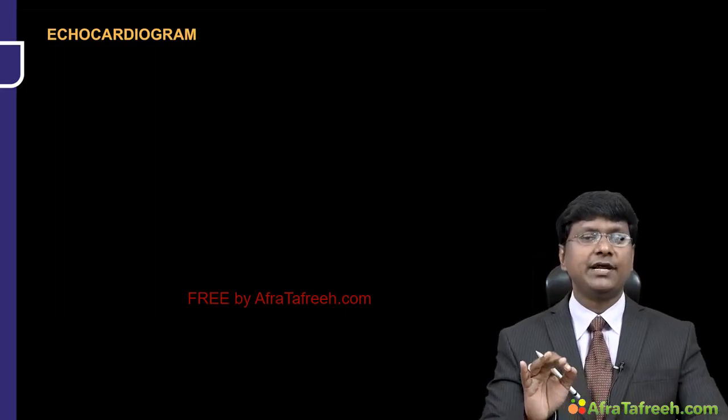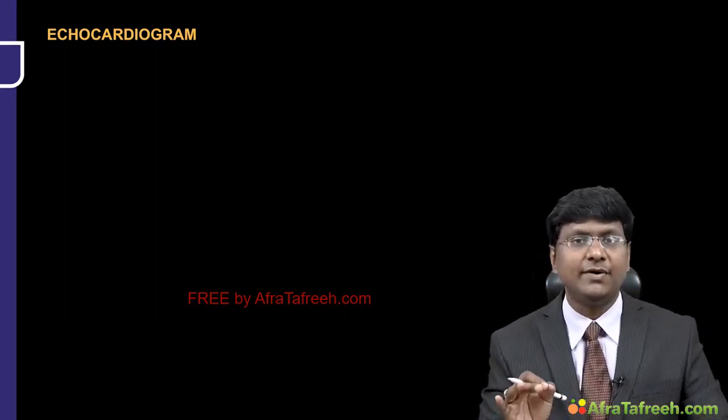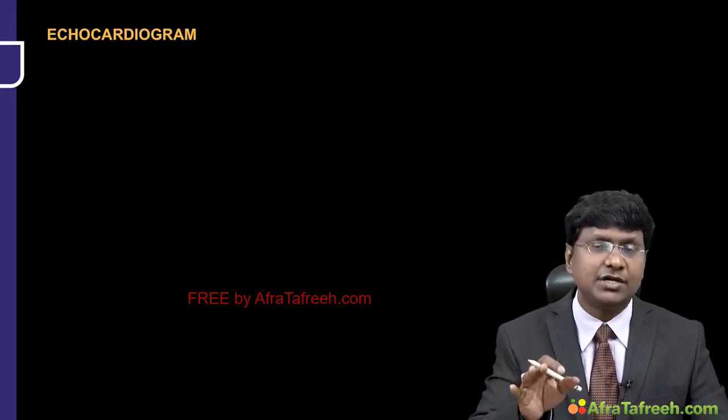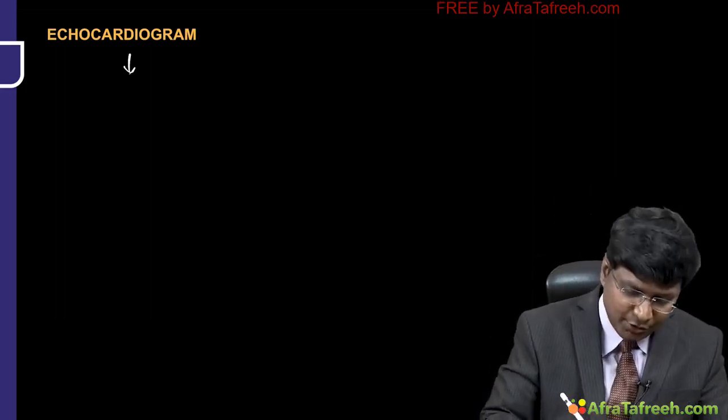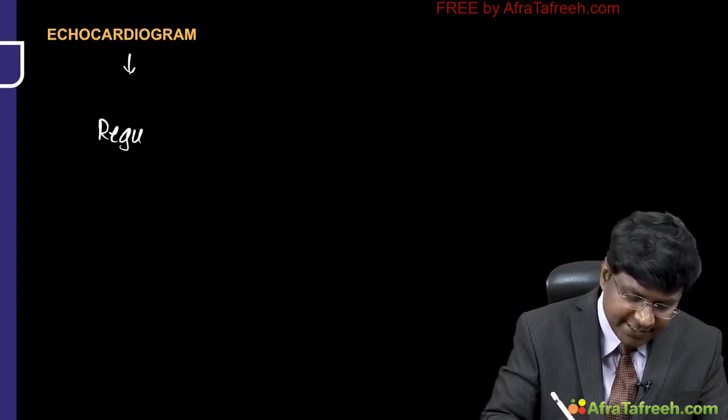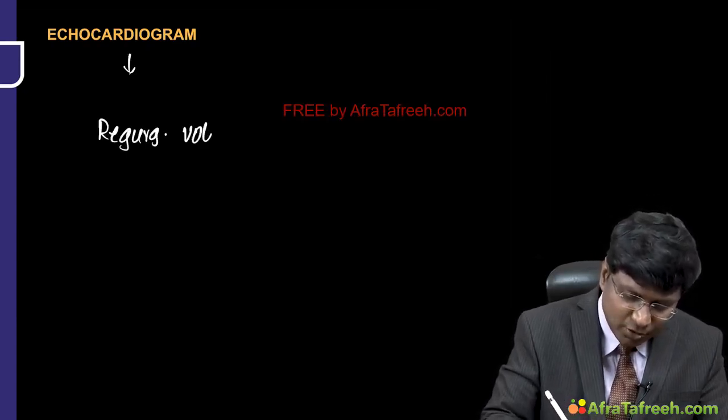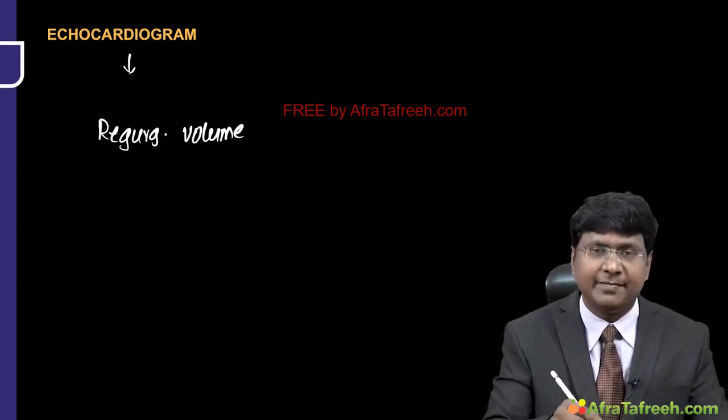So echocardiogram will not only diagnose the MR, it will also tell you the etiology of the MR. Not only that, in the echocardiography you will be able to make out the quantity of the regurgitant volume, that is, how much blood is entering into the LA from the LV.